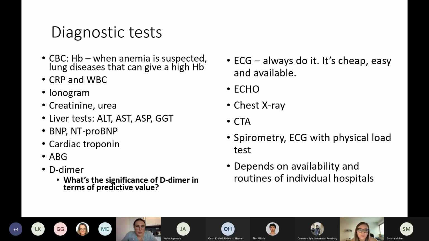And then we'll go to the left side of the slide, and you have a complete blood count. I think it's standard to do a complete blood count, and especially hemoglobin, because it can tell you if you have any anemia. And these tests are very inexpensive to run.